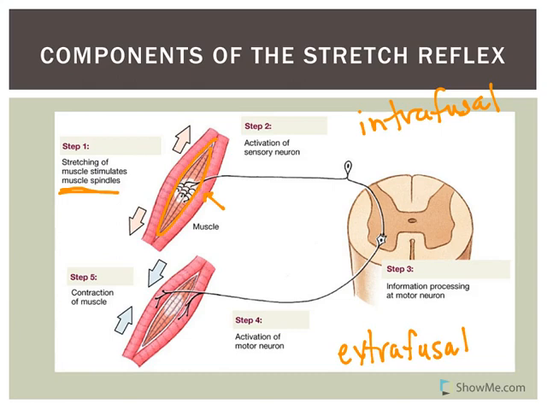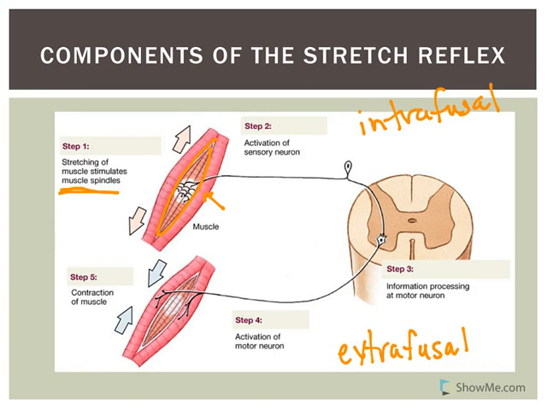Those are the ones that, when they contract, cause your leg to move. But within the intrafusal fibers, that's where you find the sensory receptor. It responds to changes in muscle length. You stretch a muscle, that's going to trigger action potentials. The ultimate result will be contraction of the muscle.